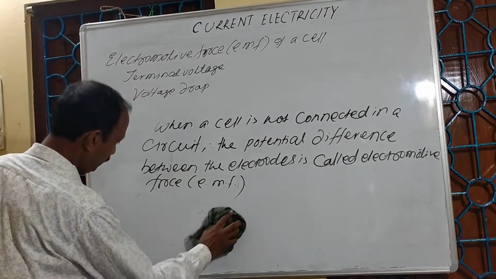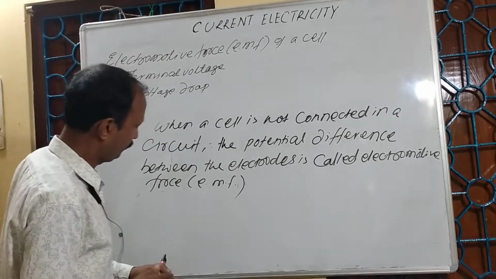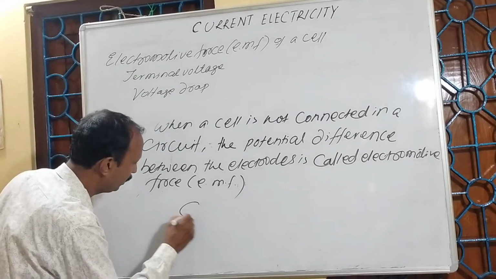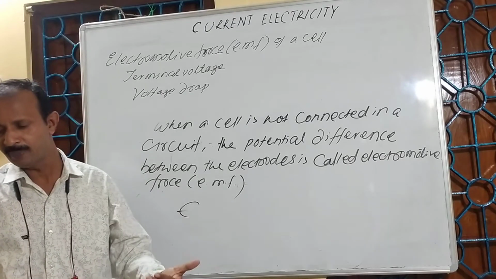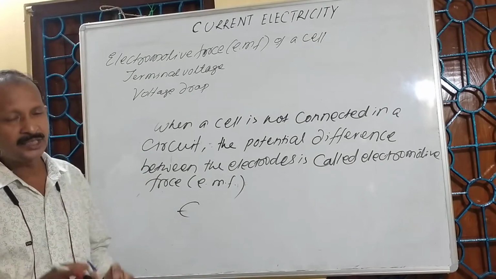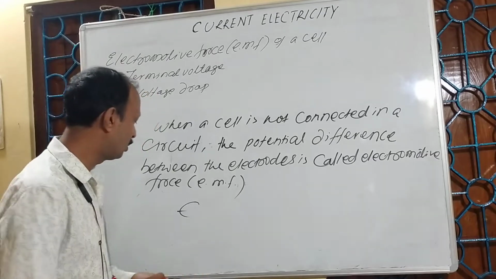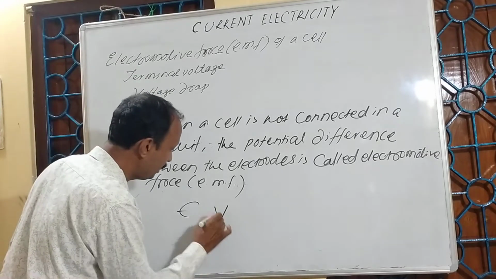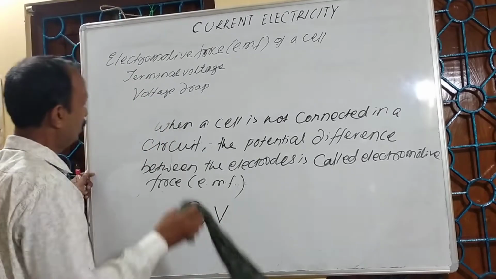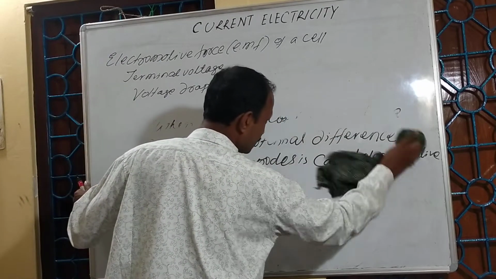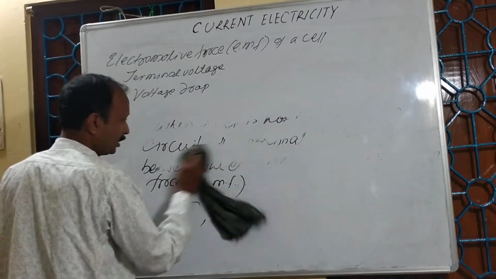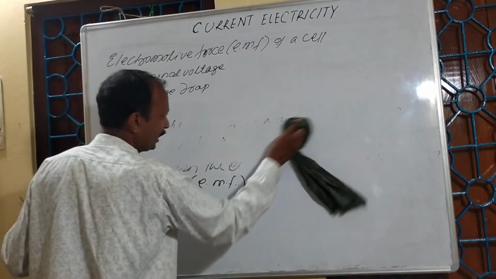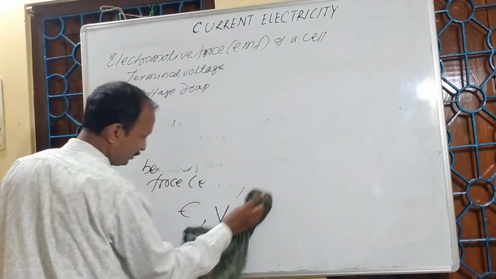It is generally represented by the symbol epsilon. Like the potential difference, its unit is also volt. There is no doubt at all. So, when a cell is connected in a circuit, and in that circuit there is an electrical component like an electric bulb, what happens?